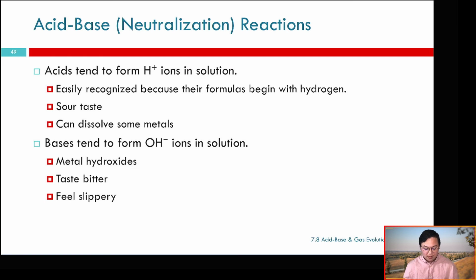You're not going to taste any of them, but acids have a sour taste, and they can dissolve some metals. Bases, on the other hand, tend to form hydroxide ions, or OH minus. They'll form metal hydroxides. They taste bitter, and they feel slippery. Soaps often have bases in them, and that's why soap is slippery.